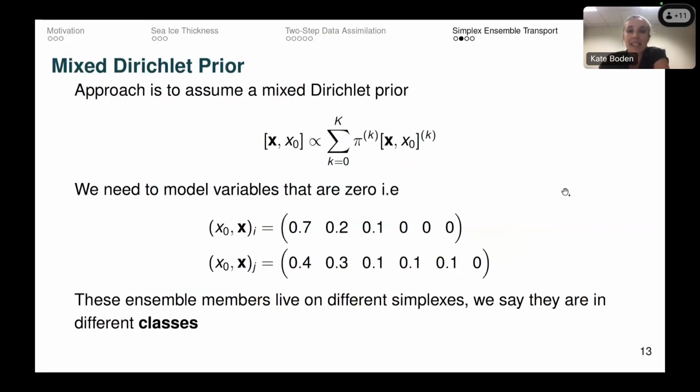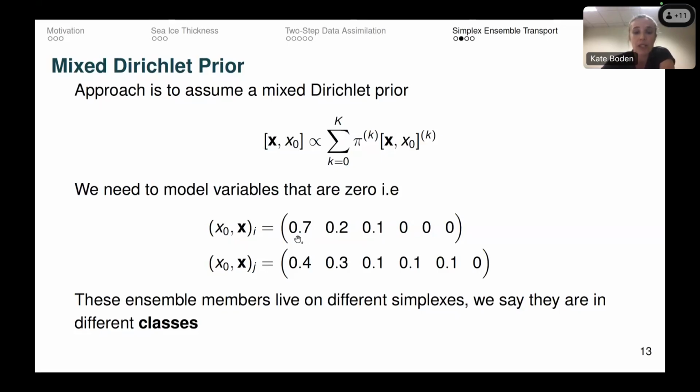It would be nice if we could just use a single Dirichlet, but we actually use a mixed Dirichlet prior. This notation is just saying the PDF is a mixture of Dirichlet distributions, where the mixture is not necessarily that we're living on one simplex and we have a whole bunch of Dirichlets on that simplex, but instead that we want to model cases where we have different dimensional simplexes.